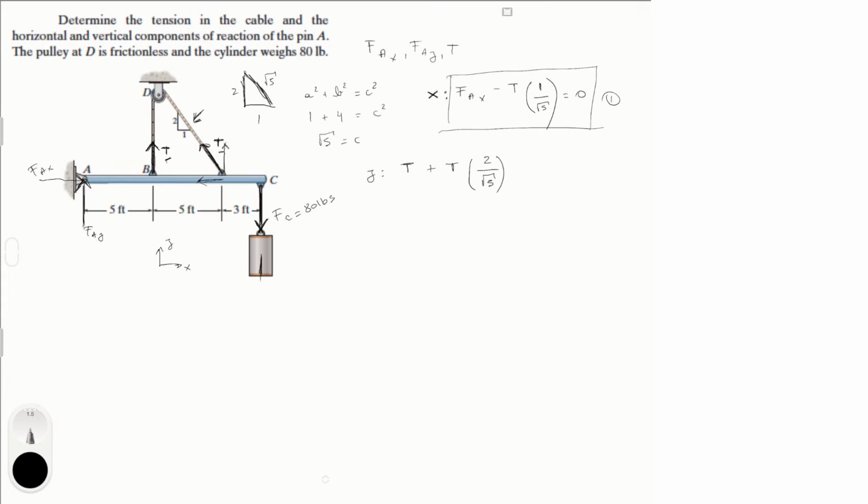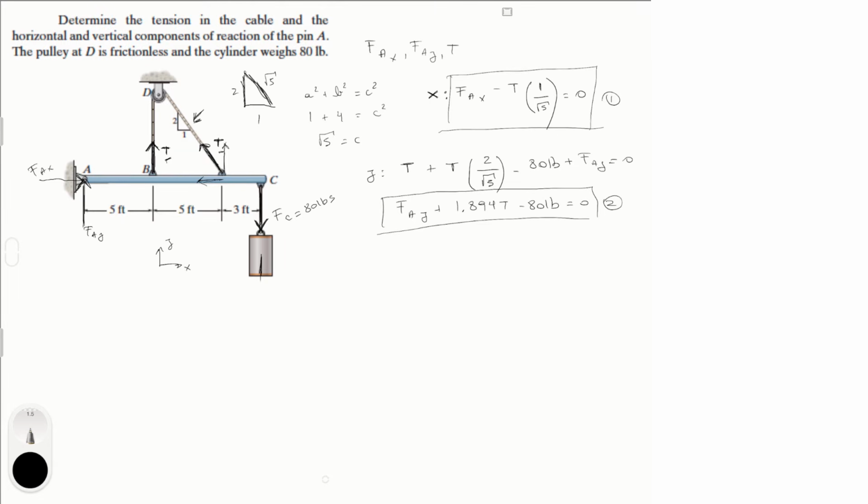And that gives us the y component of the second tension, minus the weight, which is 80 pounds, plus F of A in the y, almost forgot, is equal to 0. So let me rewrite it. F of A in the y plus 1.894T, by adding the two T's together, minus 80 pounds is equal to 0. And that is equation 2.